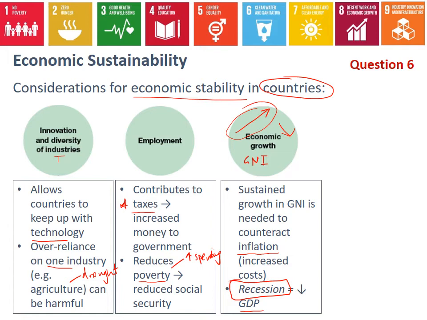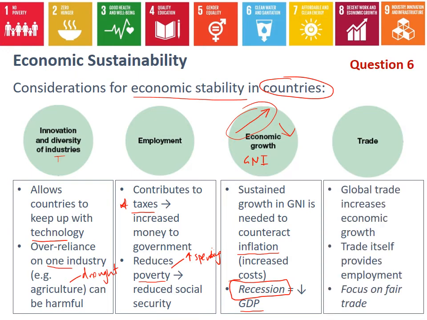Okay. And the last consideration for economic stability is trade. And again, we brought this up when we looked at the characteristics of countries. Trade is important for a few reasons. Being able to trade globally means that countries are able to increase their economic growth because they can sell products that they produce and they can buy other products that maybe they need to produce more products.